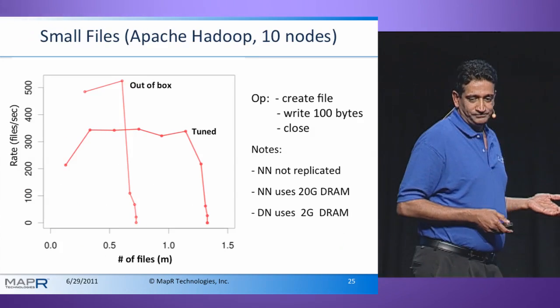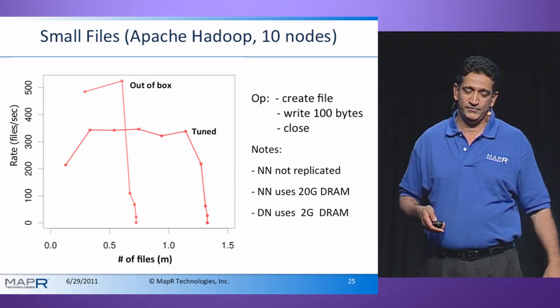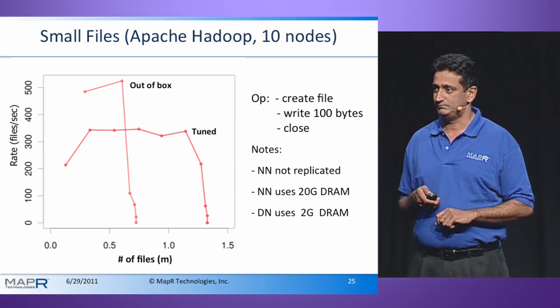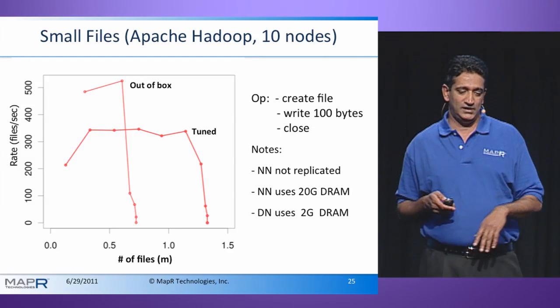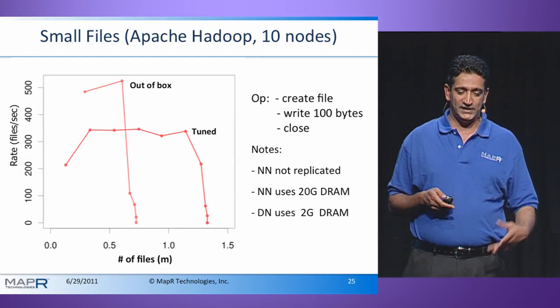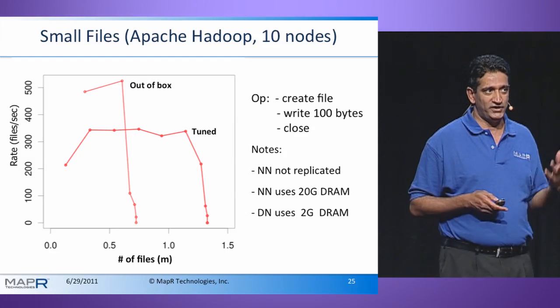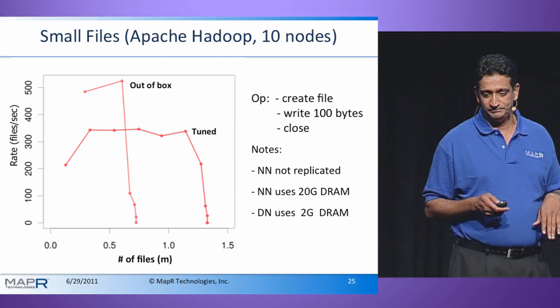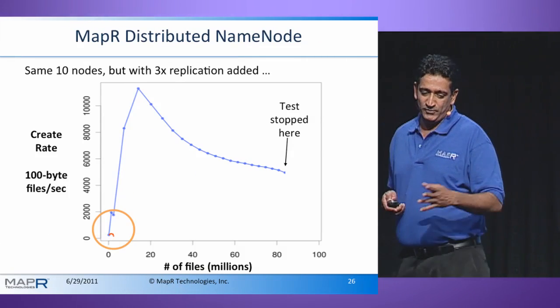So how does this perform? We looked at the small file problem, which requires a lot of transactions to happen. And here's what Apache can do on a 10-node cluster: about 1.3 million files created, which is about 130,000 files per data node. With MapR, the same load, we can go up to 80 million files.